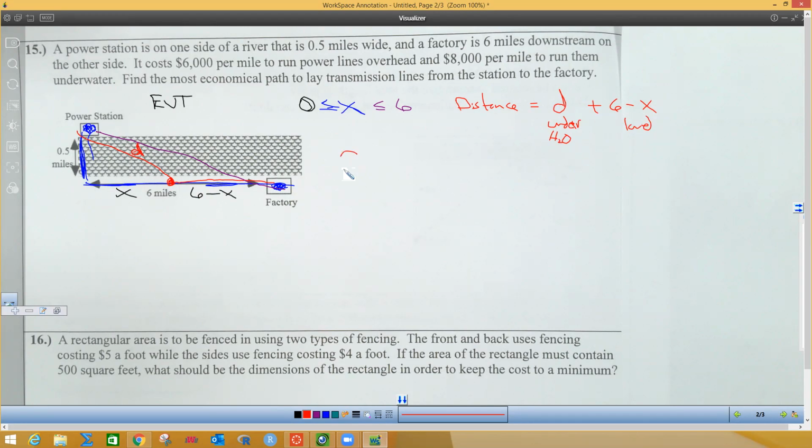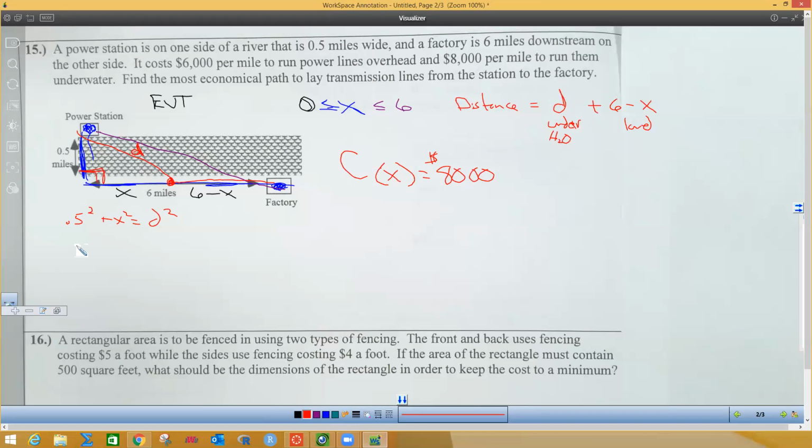So my cost function, let's put just C for cost, and we're going to use X. My cost function is going to be, let's see, going underwater is $8,000. So I got to go $8,000, and then I need to find out what this D is in terms of X. So 0.5 squared plus X squared would equal D squared, because we have a right angle right here.